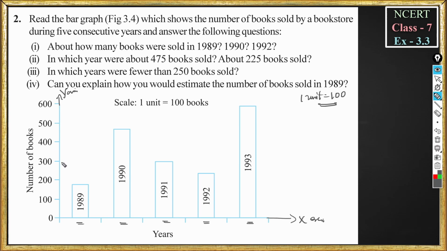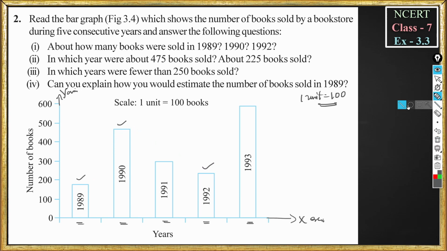Now from this bar graph, we are supposed to answer 4 questions. So question number 1. About how many books were sold in 1989, 1990 and 1992? That means from the bar graph, we should find the number of books that were sold in the years 1989, 1990 and 1992.